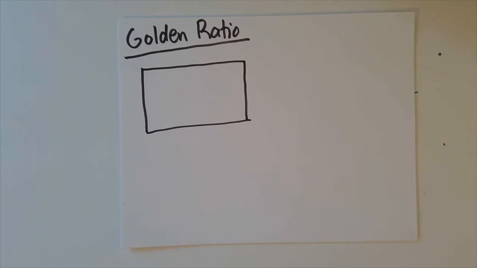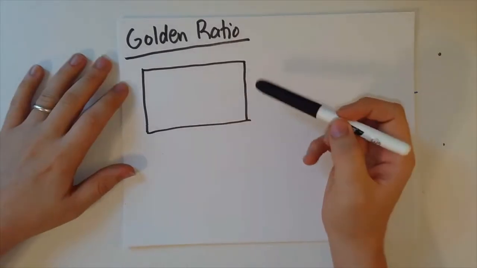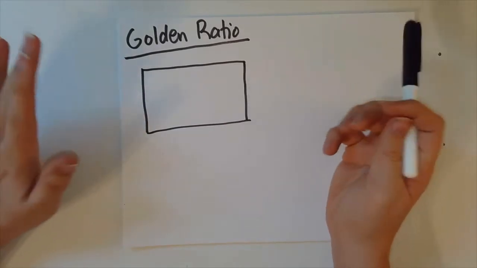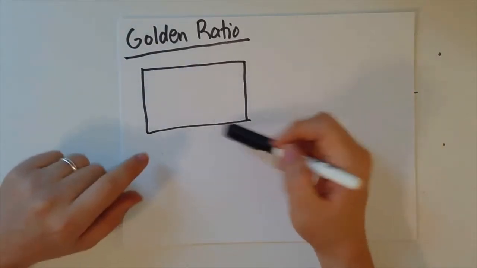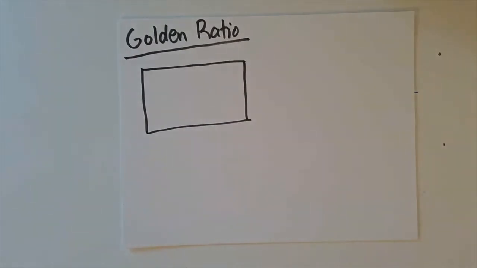But I want to figure out what is it that makes the golden ratio special? How do I separate the correct golden rectangle, which this obviously isn't because it's not even a rectangle, but pretend. How do I separate that one out from all the others?